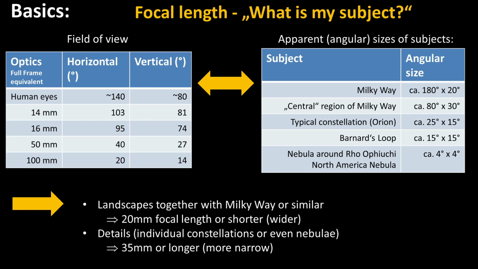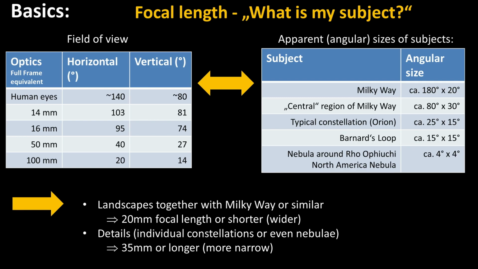If you would just want to take a picture of a constellation, let's say Orion, which has a size of about 25 degrees by 15 degrees, then a 50 millimeter lens would be nice. Or if you want to just take a picture of Barnard's Loop, which is a part of Orion, then you might do well with a 100 millimeter lens.